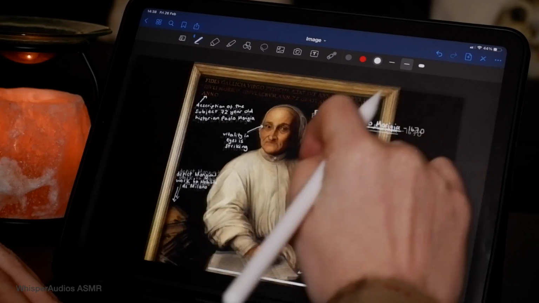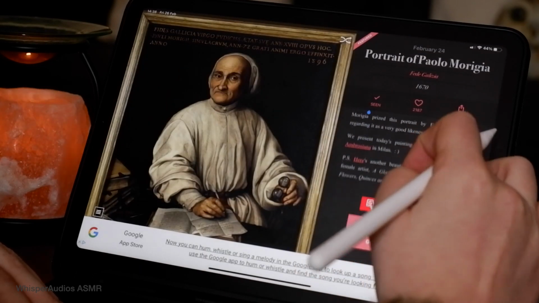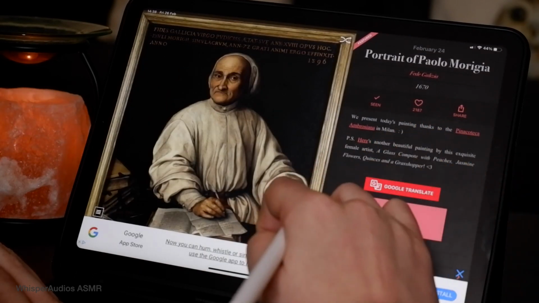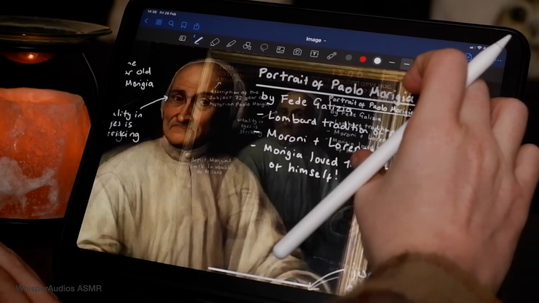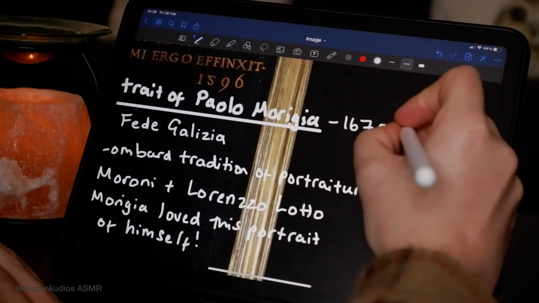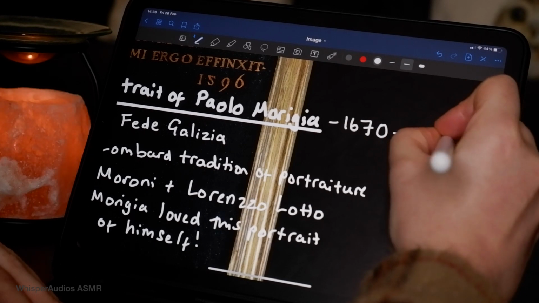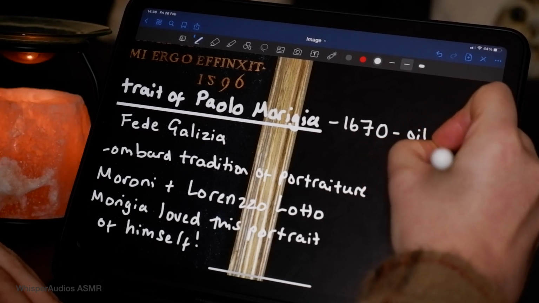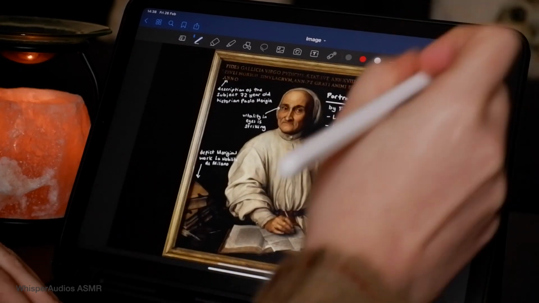1670. And we didn't include the medium either. Oil on canvas. Okay.